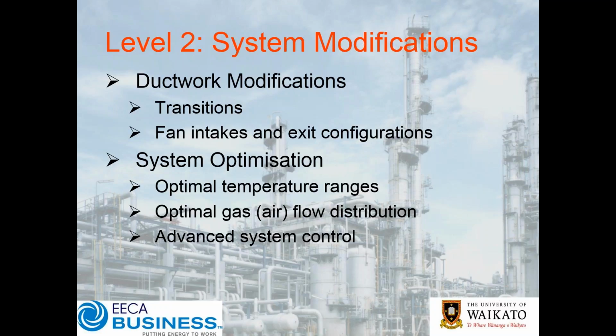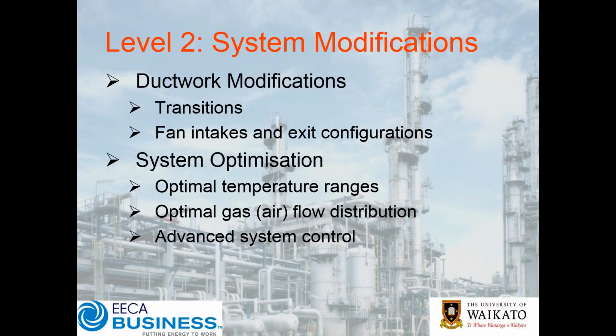Are we using the right temperatures? Can we increase the temperature for our process rather than the flow rate? Are we using the right mix of flow rate and temperature? Can we rebalance how we supply the required heat load or cooling load that we may need? Have we got good airflow distribution, or gas flow, depending on the nature of what you're controlling?